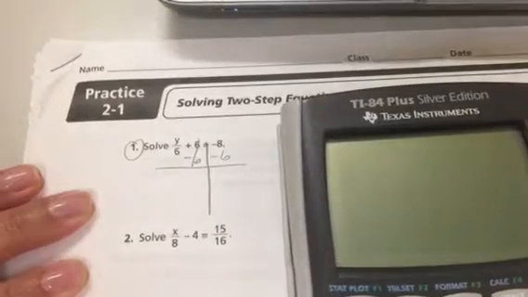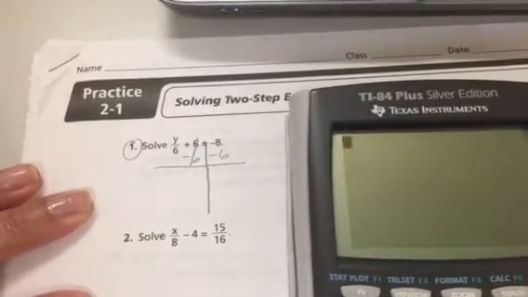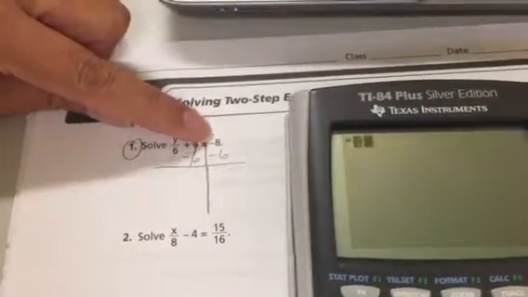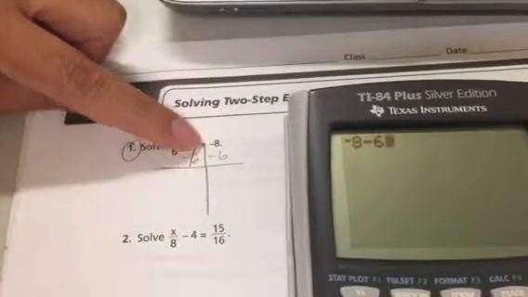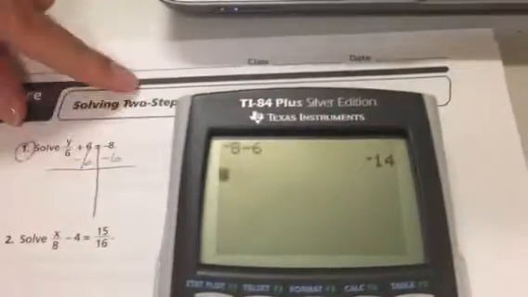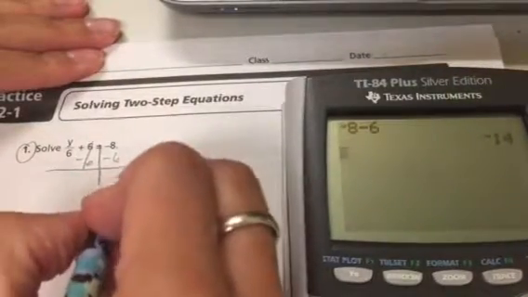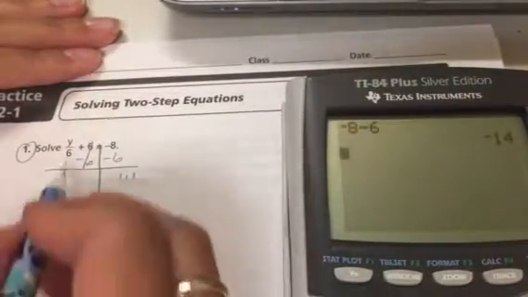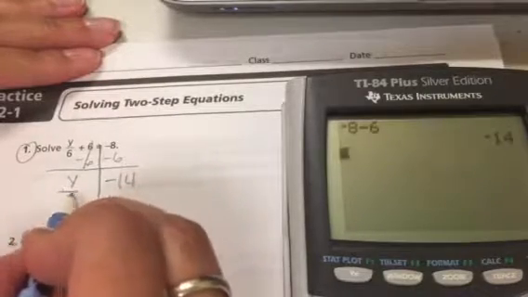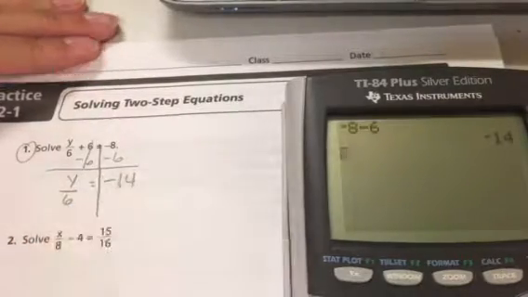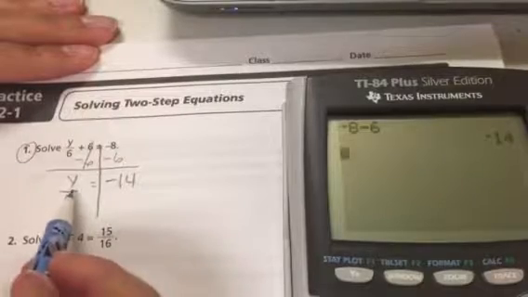Then, on my calculator, I'm going to type in, just how I see it, negative 8 minus 6. Enter. Okay, so that tells me that side is equal to negative 14. Then I'm going to just bring down the y divided by 6. Okay, I'm trying to solve for y.